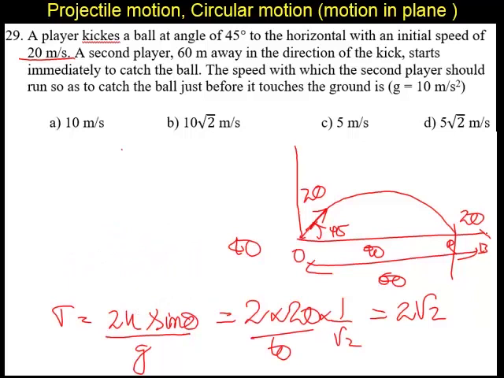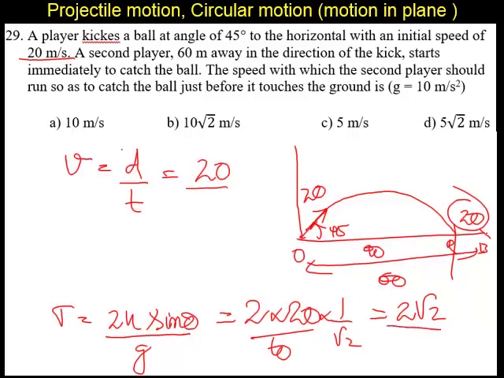So what should be the velocity with which he has to travel, isn't it? The boy should run 20 meters in a time of 2 root 2. So the velocity the boy should run is equal to distance by time. What is the distance? We have already known, that is 20 meters. So 20 meters by, what is the time taken? He has to take only 2 root 2 before the ball reaches the ground.